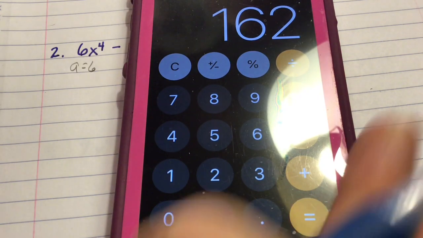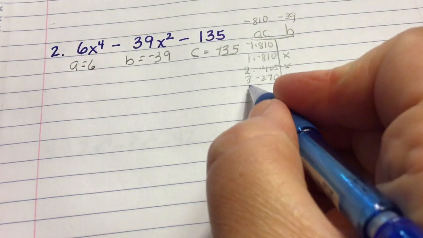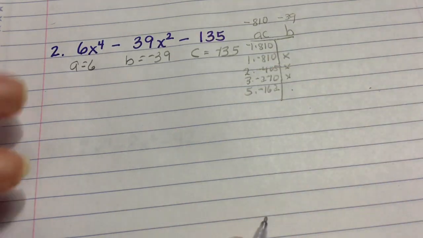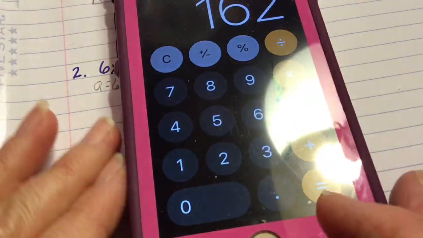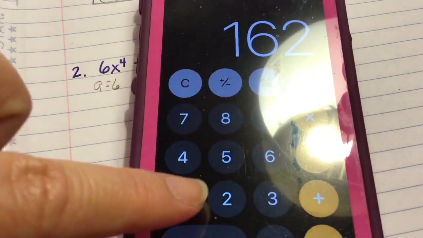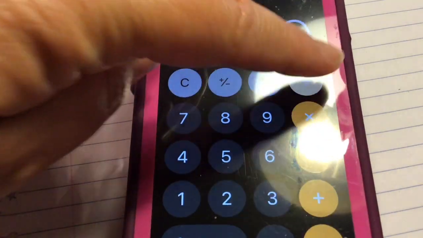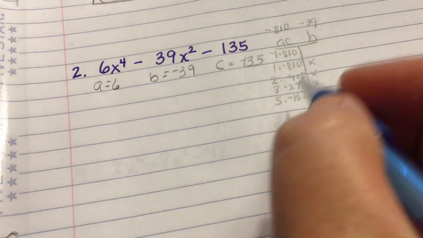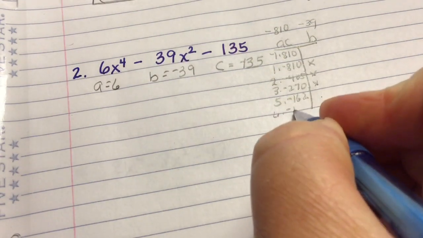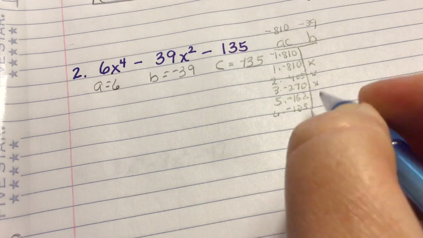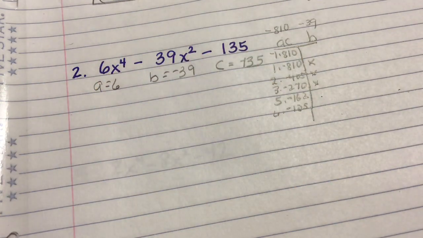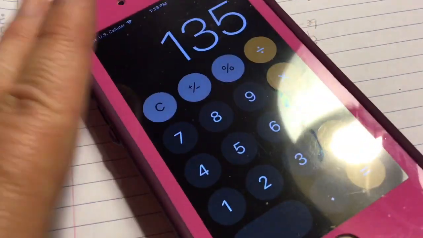That one does work, 5 times 162, but I definitely haven't found negative 39 yet. So then I'm just going to continue until I find the pair of numbers that would give me negative 39. Look, there's 6 times 135. Of course, I'm putting a negative on the larger of the two because I want a negative product and a negative sum. Okay, let's do 7.